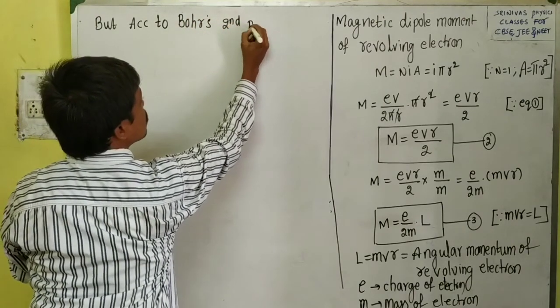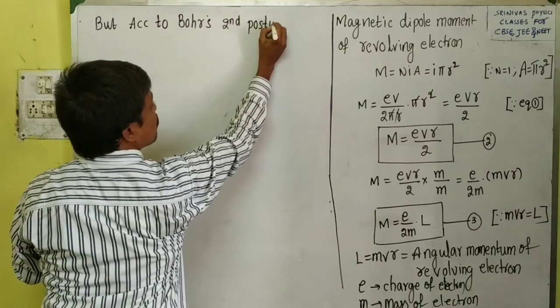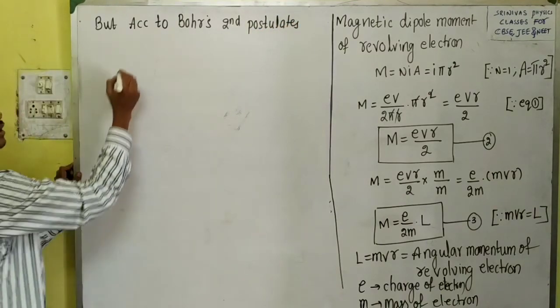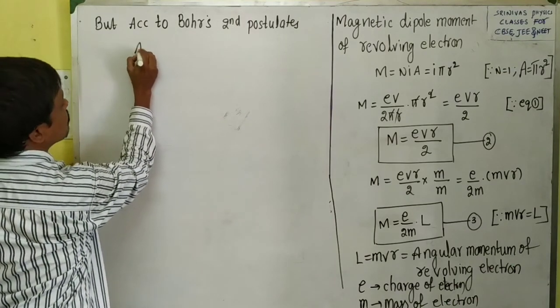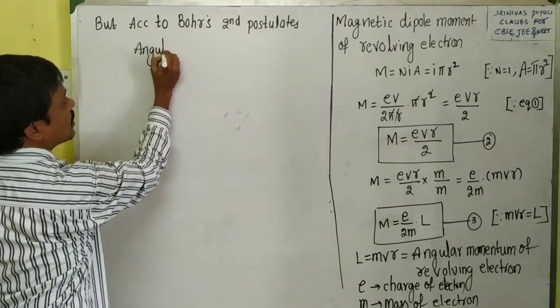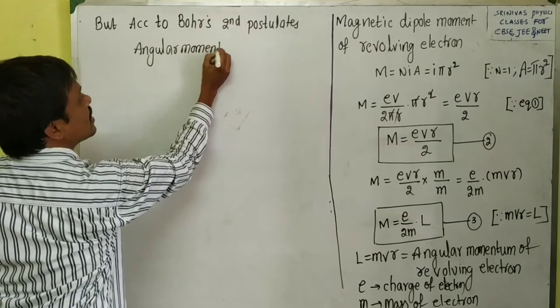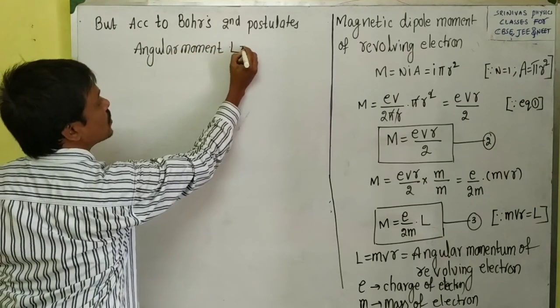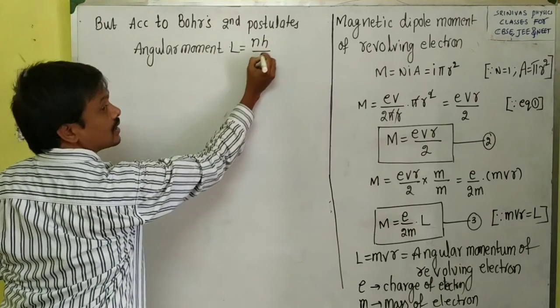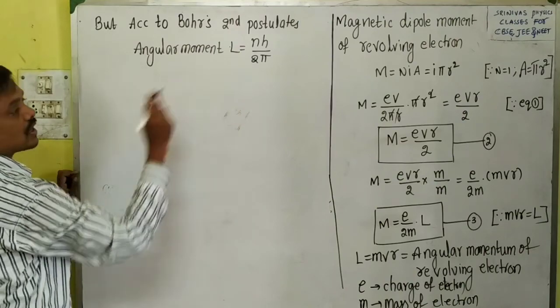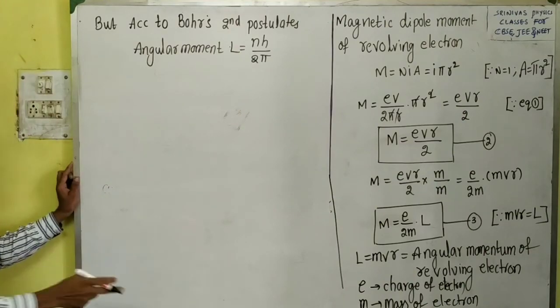Do you know the Bohr's postulates? Bohr's orbital model, right? According to that, angular momentum L is equal to nh by 2 pi, where n is the principal quantum number. This we can substitute in the above equation.